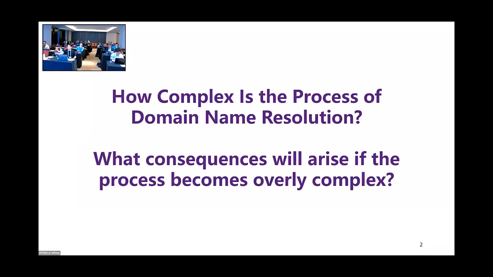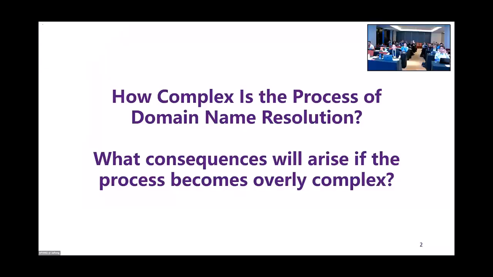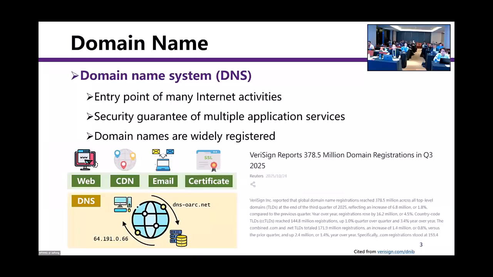First, before we dive into the presentation, let's take a moment to think about two questions. One is, how complex is the process of domain name resolution? The other is, what consequences will arise if the process becomes overly complex? Okay, let's first cover some basic information.